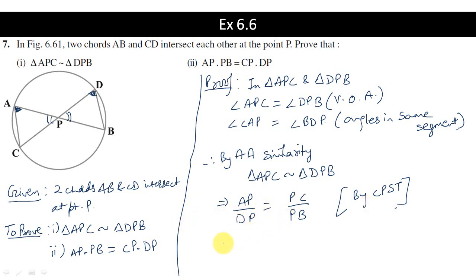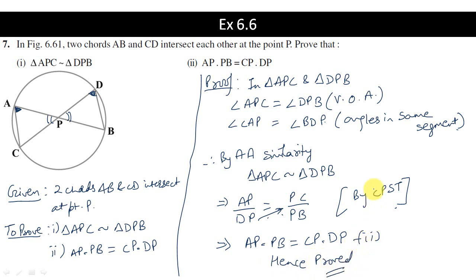So when we cross multiply in this expression, we'll get AP multiplied by PB is equal to PC, which can be written as CP, multiplied by DP. This is the second part. Hence proved. This is the second part, and this was the first part.